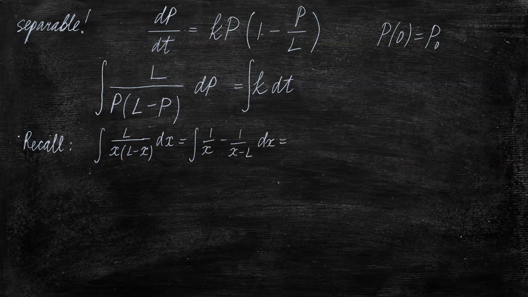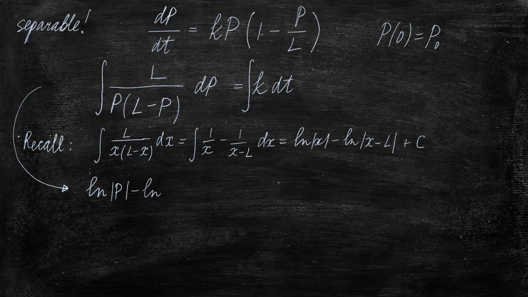So the integral will be ln of absolute value of x minus ln of absolute value of x minus L plus C. So that means the left hand side, the integral, now becomes, now we're just going to write P instead of x, so ln of P minus ln of P minus L, and we're going to put C on the right hand side.